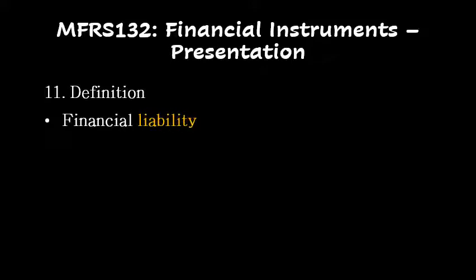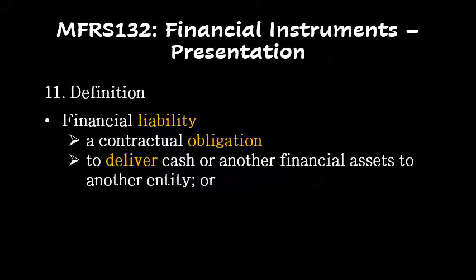For the specific definition of financial liability, since we are talking about liability, the contract must be about liability. That is, it raises an obligation. Obligation to do what? To deliver cash or another financial asset to another entity.